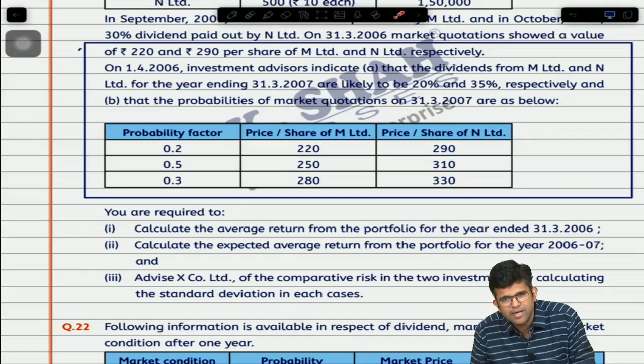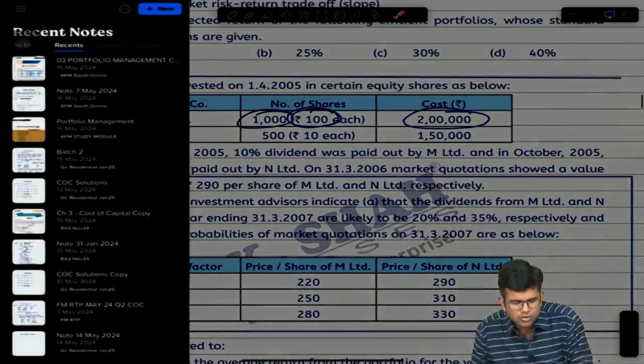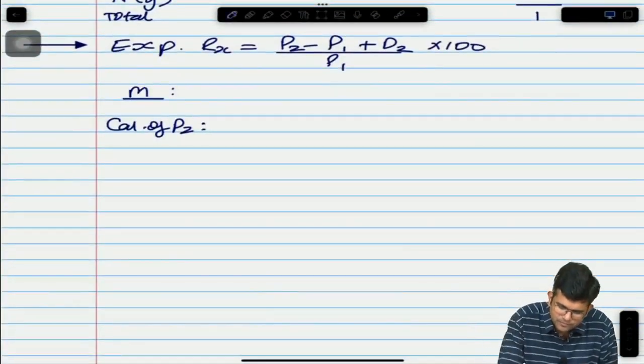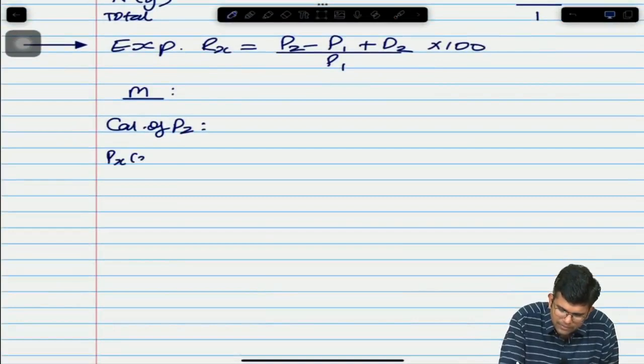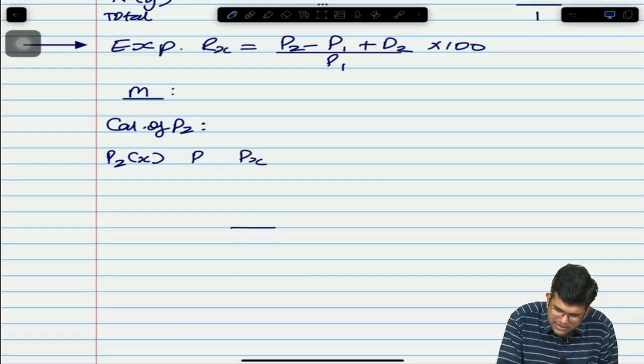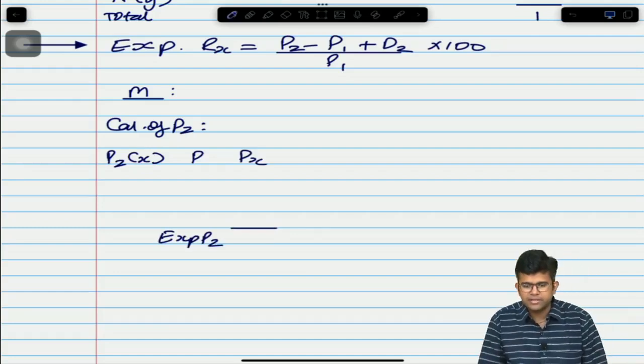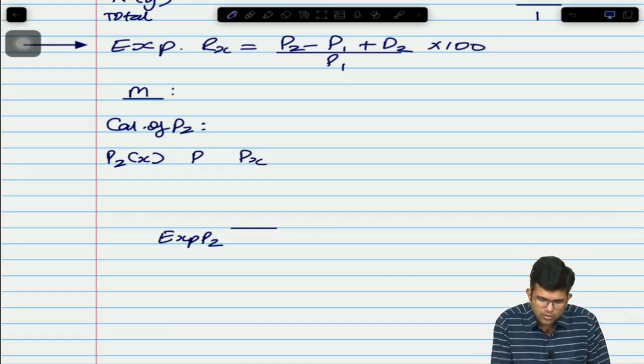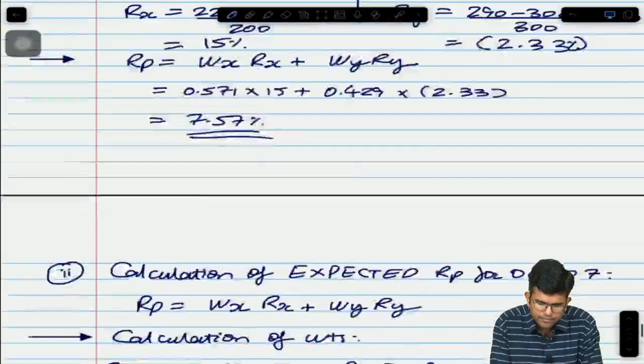Everybody, are you able to understand? I'll do summation Px on this. So I'll write here P2 bracket X P Px. Can I say this will be your expected P2? Everybody understanding till here? P2 sorted.